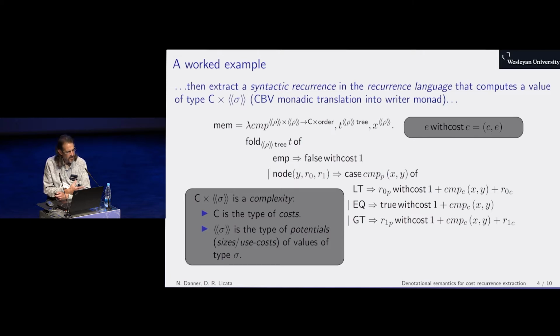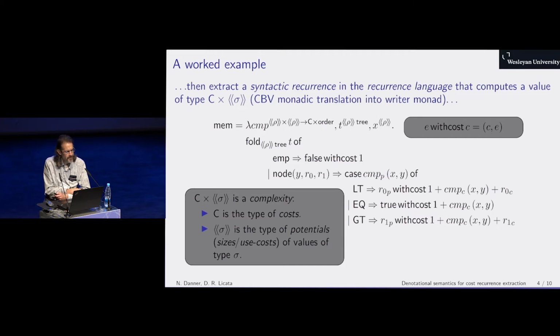And so in this case, since costs are explicit in this syntax, we call that pair a complexity. But in the notation here, I'll use this E with cost as being the pair because I find it a little easier to read. And when you look at this, this is basically what you would expect as the translation of that binary search tree membership program, which is again a tree fold. In this case, say you've got a node, well, then what are you going to do?